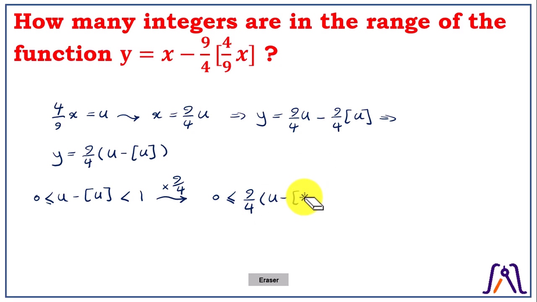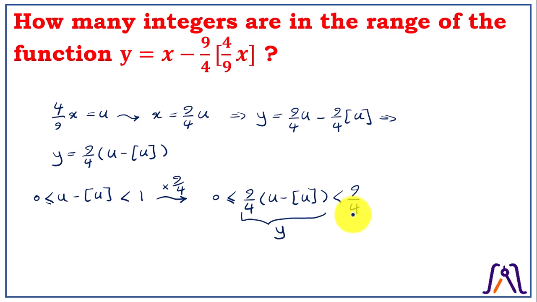I'm sorry, it's u. Okay, and this expression right in the middle is our exact function y. So we have y greater than or equal to 0 and less than 9/4.